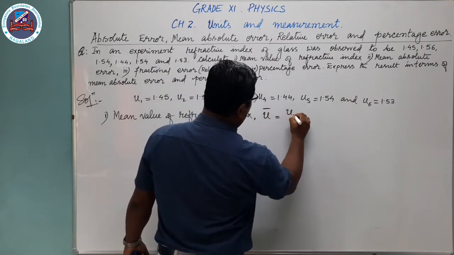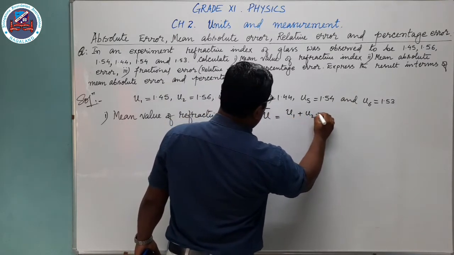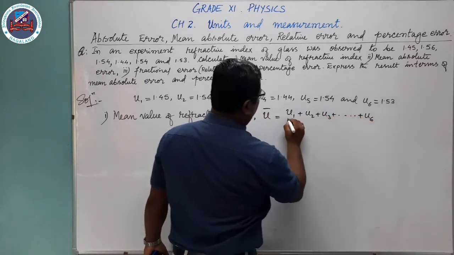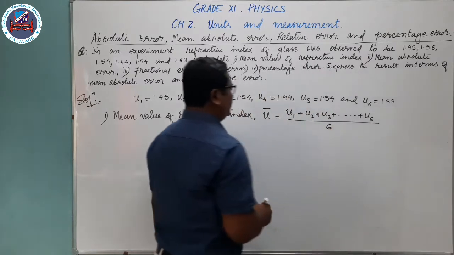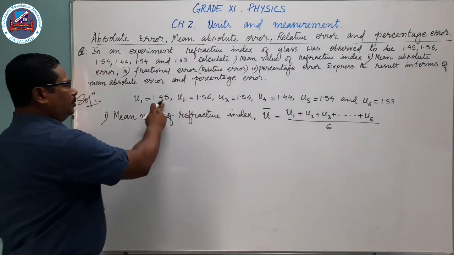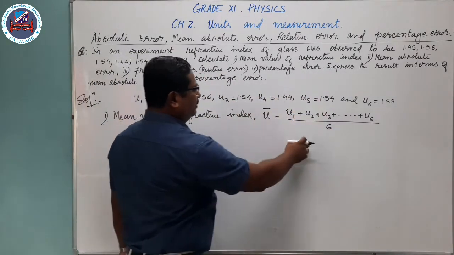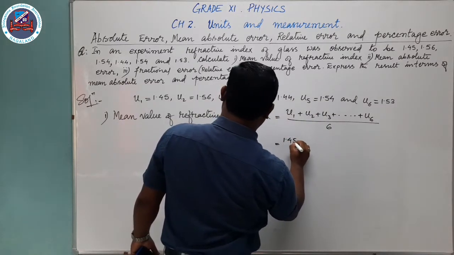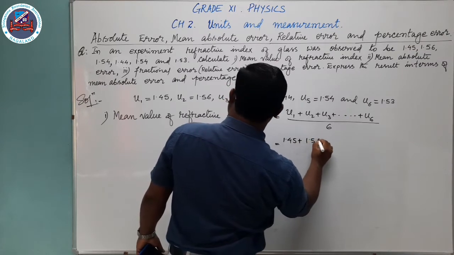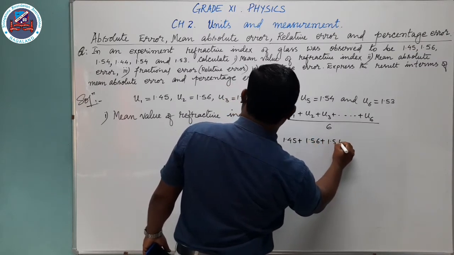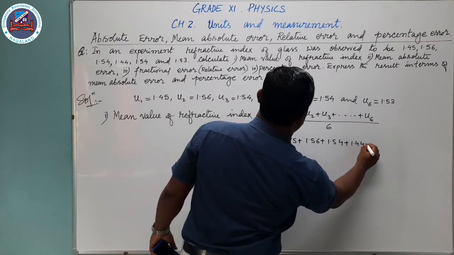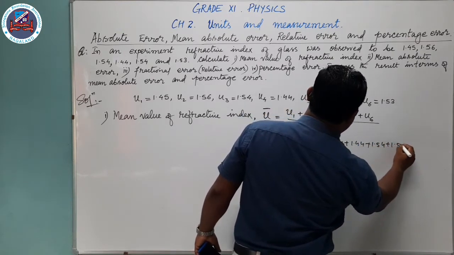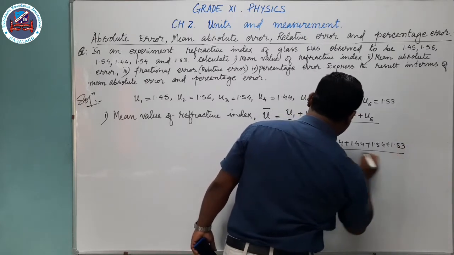It is the sum of the observations U1 plus U2 plus U3 up to U6, divided by the number of observations, which is 6. So you will add up all these values and then divide by 6. You can write them down here, or directly add: plus 1.54 plus 1.44 plus 1.54 plus 1.53, and divide it by 6.